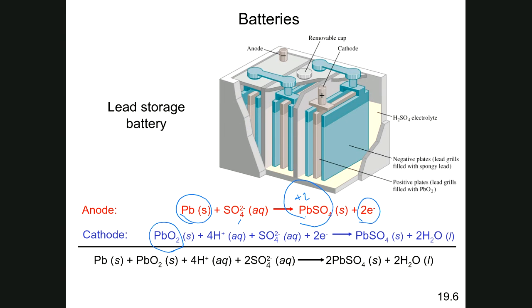This is a 4 plus, because each oxygen is 2 minus. We have 2 oxygens, 4 minus, so lead would be 4 plus, changing to 2 plus. Why 2 plus? Because SO4 is 2 minus. So the oxidation number has decreased, so this is reduction taking place here. So lead oxide is being reduced and lead metal is being oxidized. This is for the lead storage batteries.